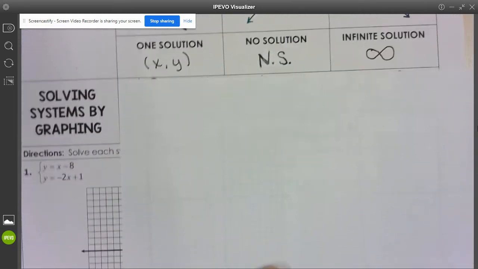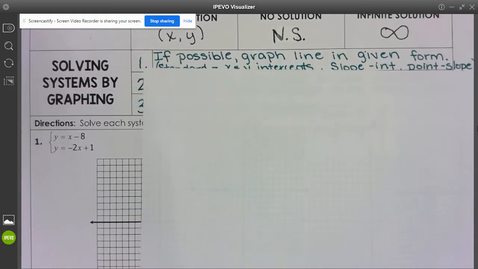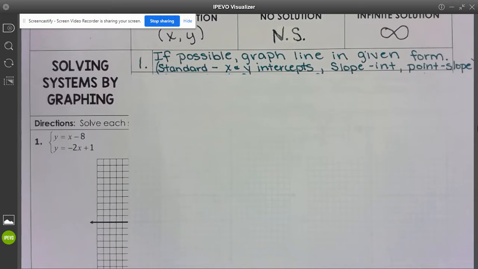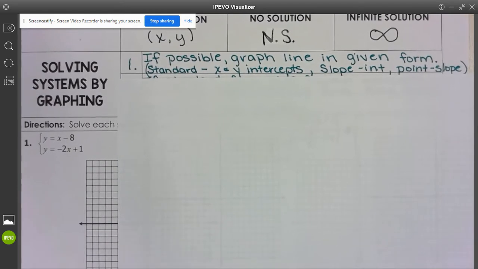So when we're solving by graphing, what we're going to do first, and I'm sorry I didn't give you a ton of room in here, if it's possible to graph it in the form that's given, we're going to do that first. So whether it be standard form with my x and y intercepts, slope intercept form, or point slope form, we're going to try to just graph the line in the given form that we have.